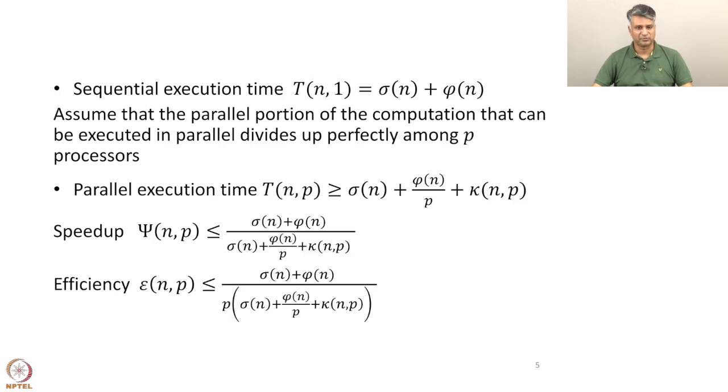Hence, the speedup, which is a function of both the problem size and the number of processors, will be less than or equal to [sigma(n) plus psi(n)] divided by [sigma(n) plus psi(n)/p plus kappa(n,p)]. The efficiency epsilon(n,p) is at most [sigma(n) plus psi(n)] divided by p times [sigma(n) plus psi(n)/p plus kappa(n,p)].